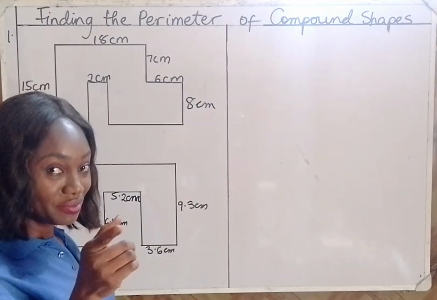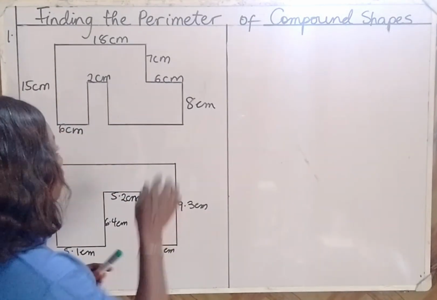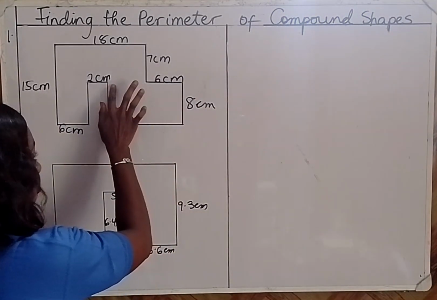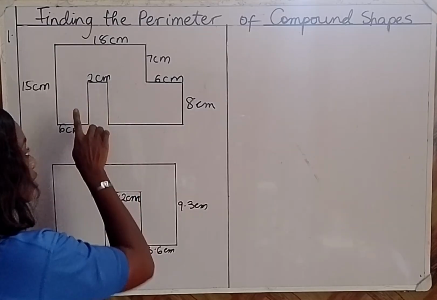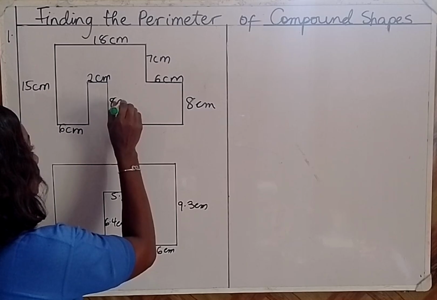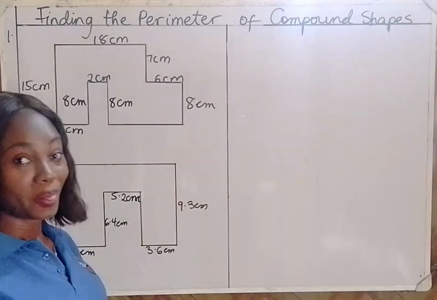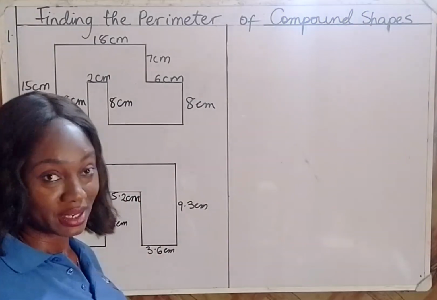But that's not all. Now we have inner length in this same shape. If the length of this side is the same as this side and this side, that simply means that here will also be 8 centimeters, and this length will also be 8 centimeters. Voila! We're done with the first part of the question.